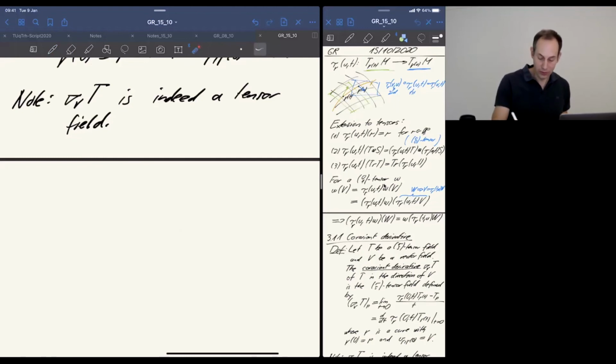Now another note, and this is some note I will also come back to, and this is a main difference also to the Lie derivative.